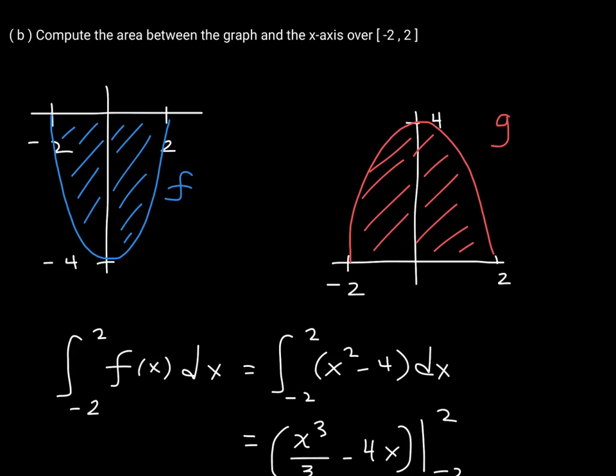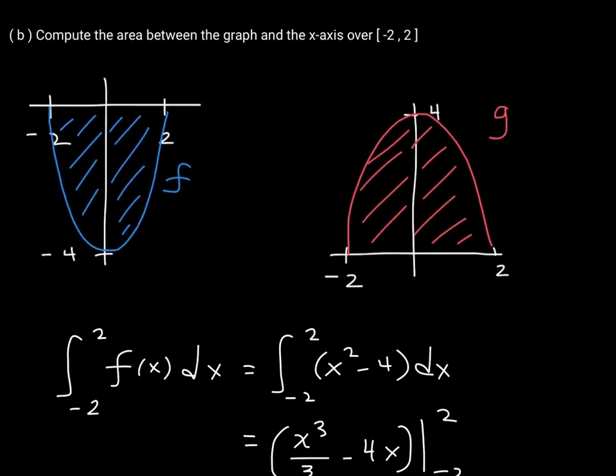All right, now notice that in both cases, the area between the curve and the x-axis for both of them is 32 thirds square units for both of them. Remember, because area is always positive.